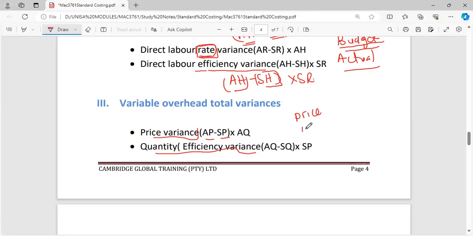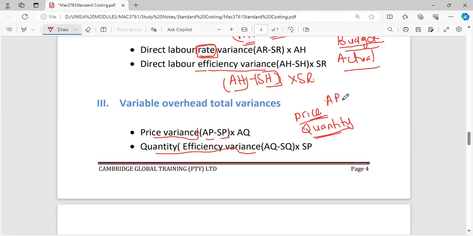All your variances are talking about the difference between the price and the difference between the quantities. So you look at your actual price, if it is a price variance. Yes, you can ask, Smile.